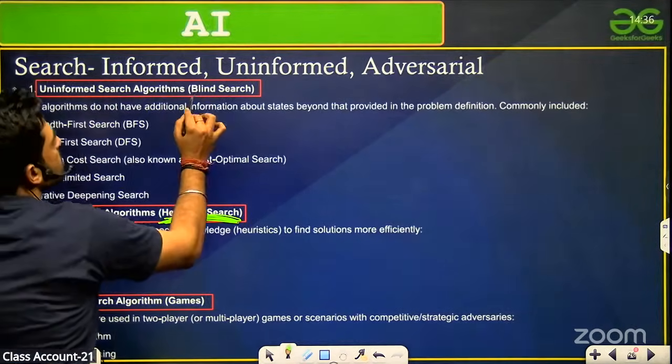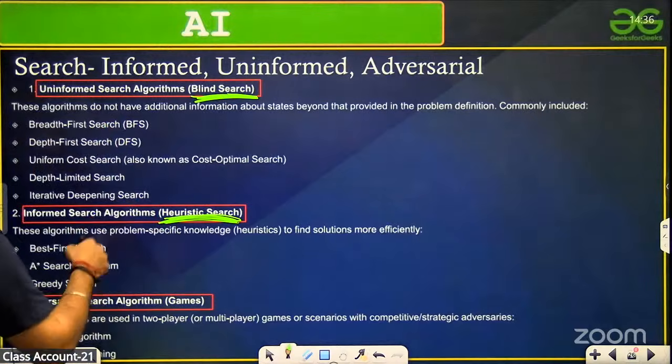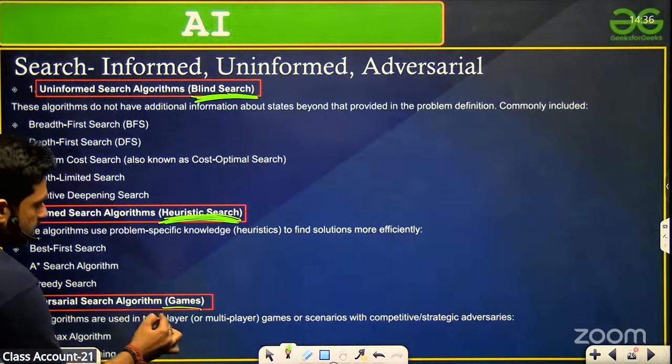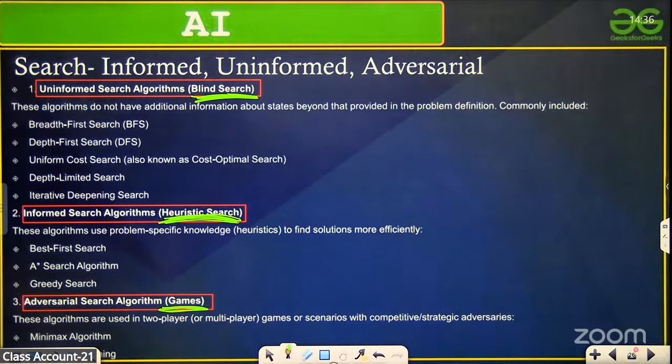Uninformed search algorithms, we call blind search. And adversarial search algorithms, we call games. It is also game theory, and these are highly used in games. Okay, so that is it.